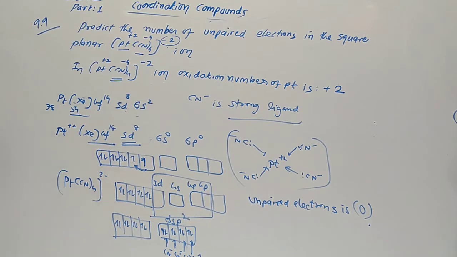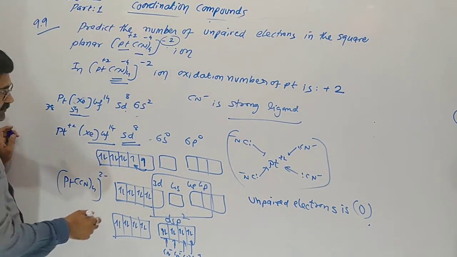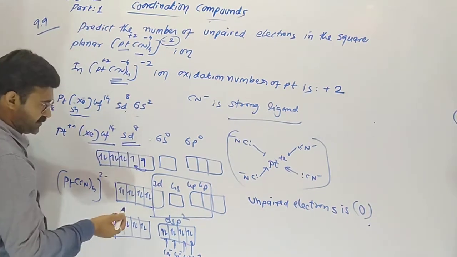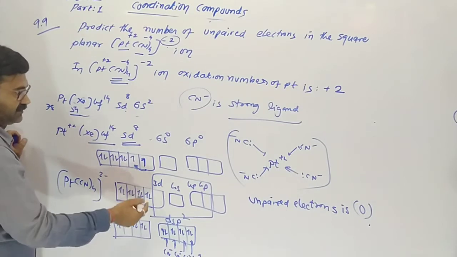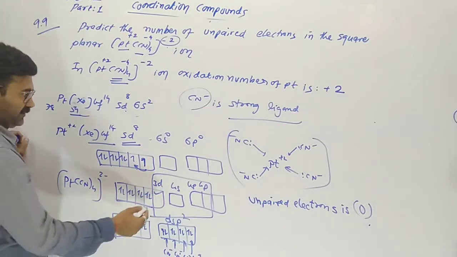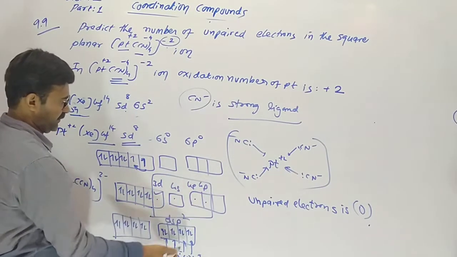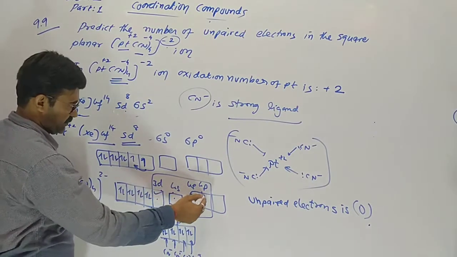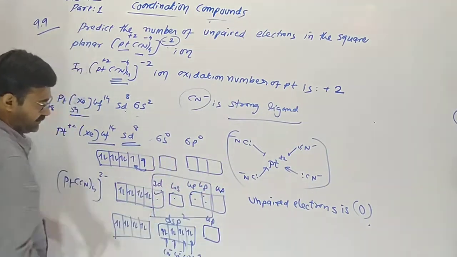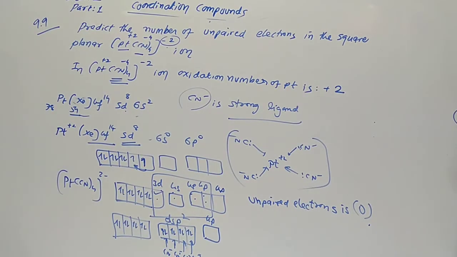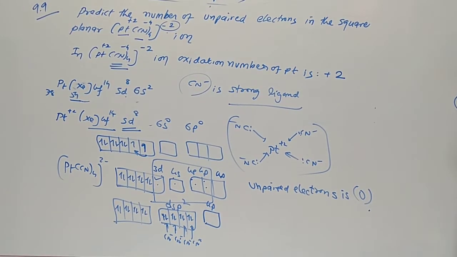This is our prediction. And 4 ligands are combining here. So dsp2 occurs and, due to cyanide being strong, it is capable, so one d should be vacant, one s and two p, so one p remains vacant. So here there are no unpaired electrons in the given entity. Understood?